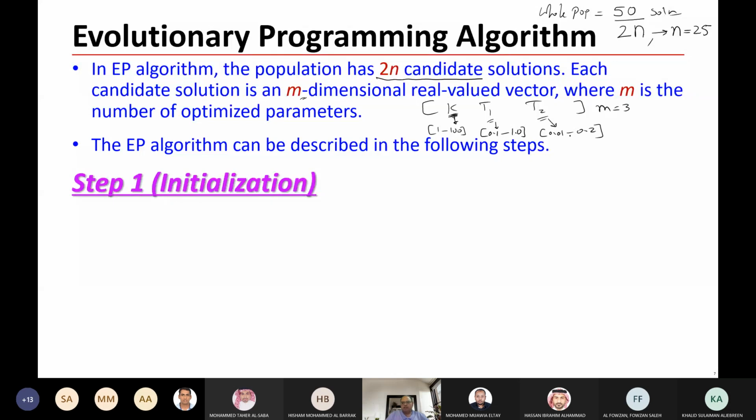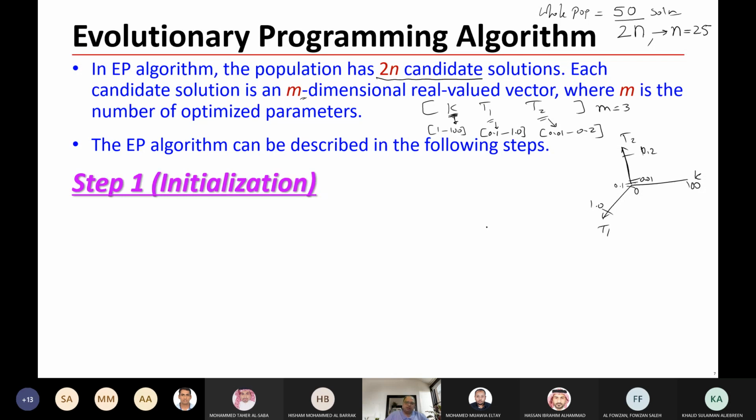So the search space is governed by these ranges. This is the range of the K dimension, this is the T1 dimension between 0.1 and 1, and this is the T2 dimension, between 0.01 and 0.2.